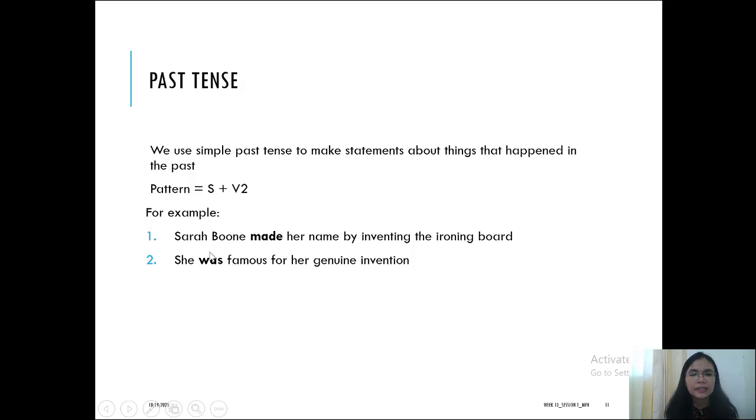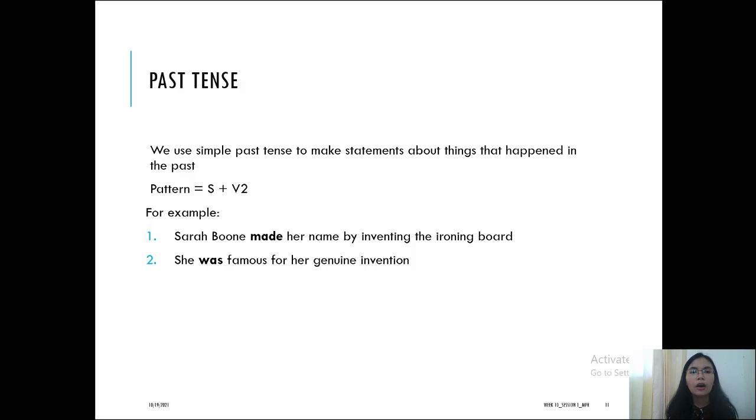And the second sentence is using the verb to be. So she was famous. Was here is the verb two, and the verb one is is. If you're talking about the sentence in the present, you use she is, but because we are using it in the past, you use she was famous for her genuine invention. Both of these sentences indicate the use of past tense.